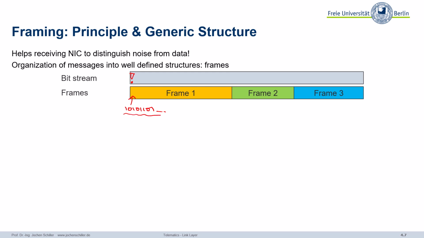But for now, maybe we say, okay, we have this special pattern and we repeat this special pattern 4 times, something like this. And then this means now a new frame starts. Okay? So this is a special pattern, and if we have a special pattern, then we may say, okay, a frame starts, but then we also need a special pattern here that tells us a frame ends. Or we say, as soon as a new frame starts, then this basically also means the old one has ended somehow.